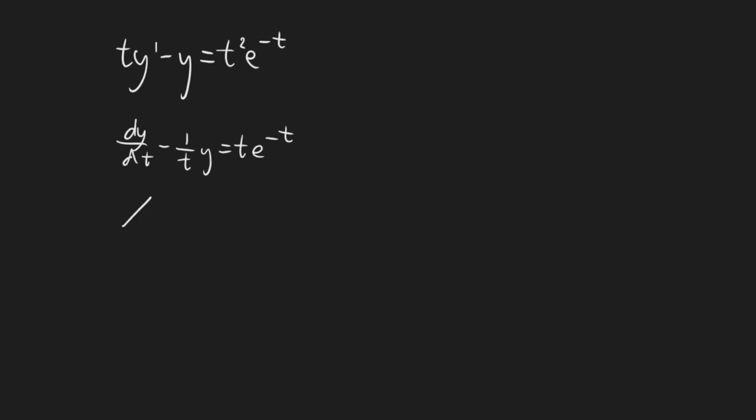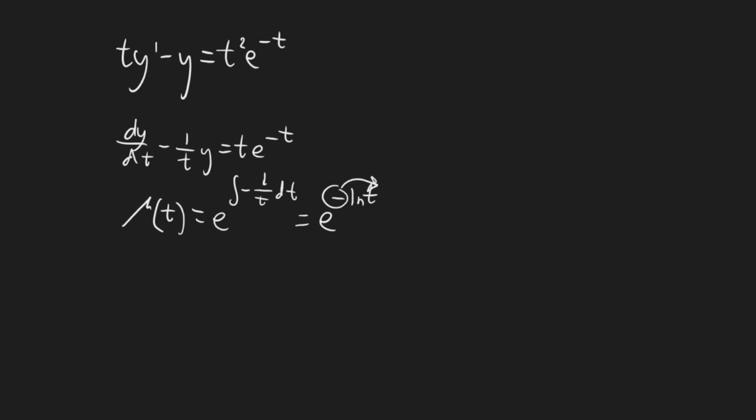Second step, always find the integrating factor, which is a function of the variable that you're not solving for. So it equals e to the integral of negative 1 over t dt, which equals e to the negative ln t. But remember, if it's a natural log, you can take whatever is in front of it and move it into the exponent.